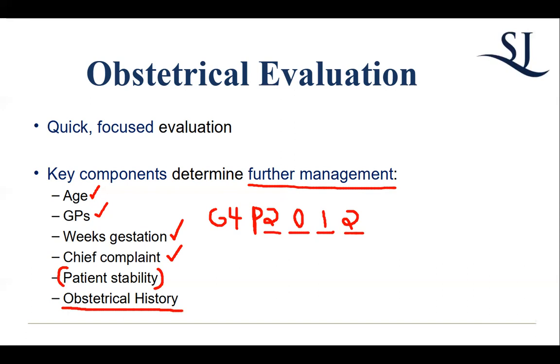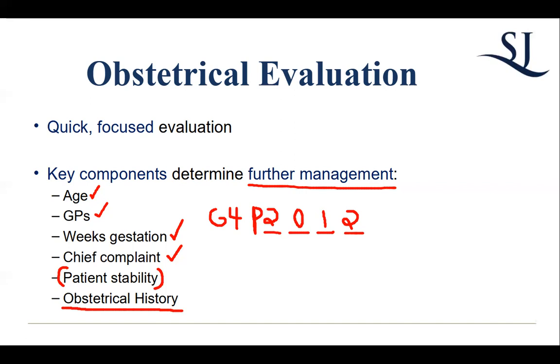If I have a patient who has had 3 sections and she's in labor, she's going to get a repeat cesarean delivery, because you don't offer trial of labor beyond 2 cesarean deliveries. So if I know that she's had 3 sections, even if she's in early labor, which ordinarily would be fine, in this patient it's not that it's a problem, but you're planning for a cesarean delivery. That's why the obstetric history is very important.